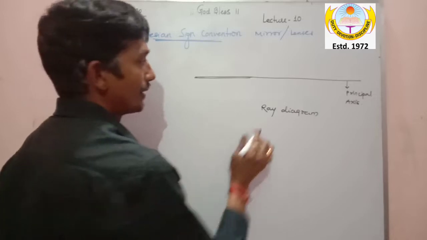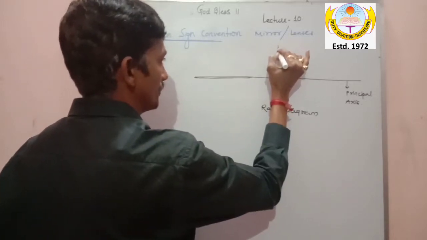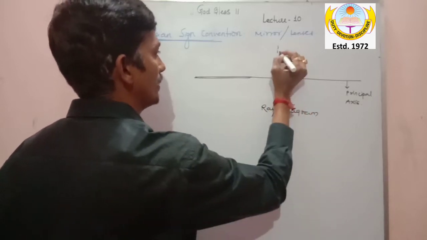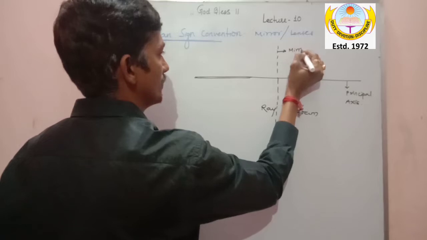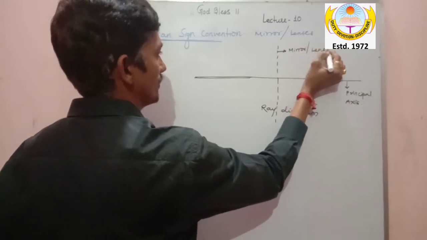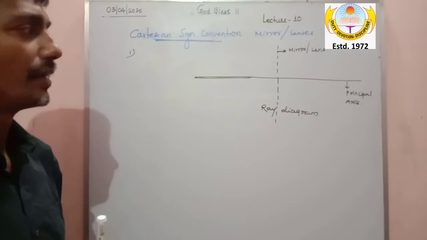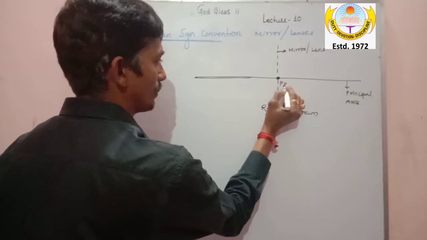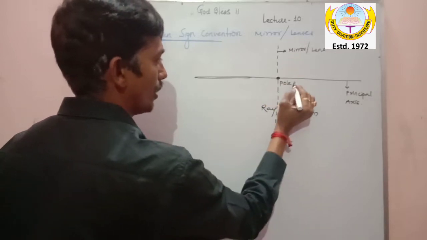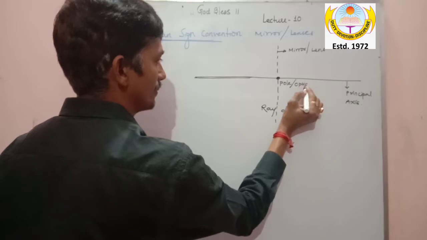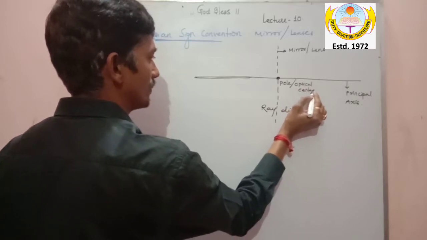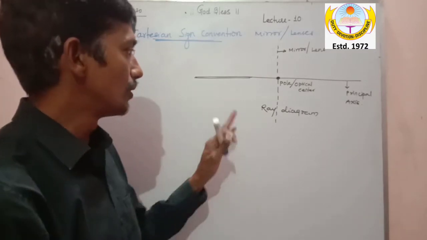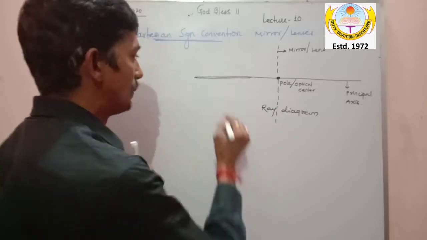And almost at the center, we keep a mirror or lens. This center point is called the pole in case of a mirror, or the optical center in case of a lens.